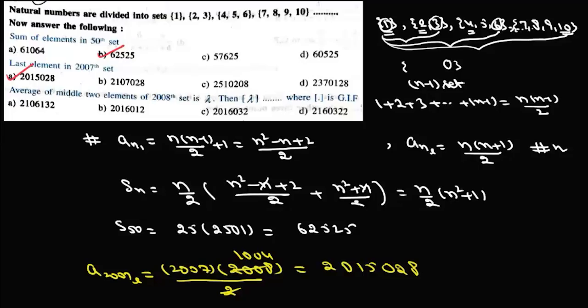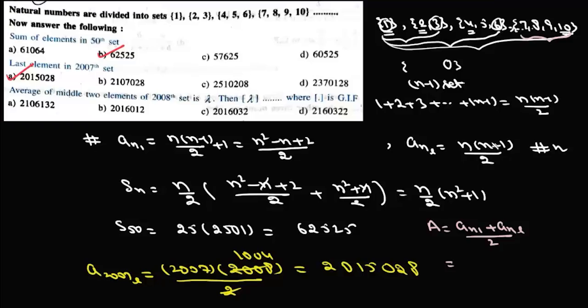And finally, it says the average of middle two elements of 2008 set is lambda. Now we know that in any set we have numbers in AP, and in an AP the average of numbers equidistant from beginning and end are the same. So average of middle two elements of 2008 set will be same as average of its first element and its last element.